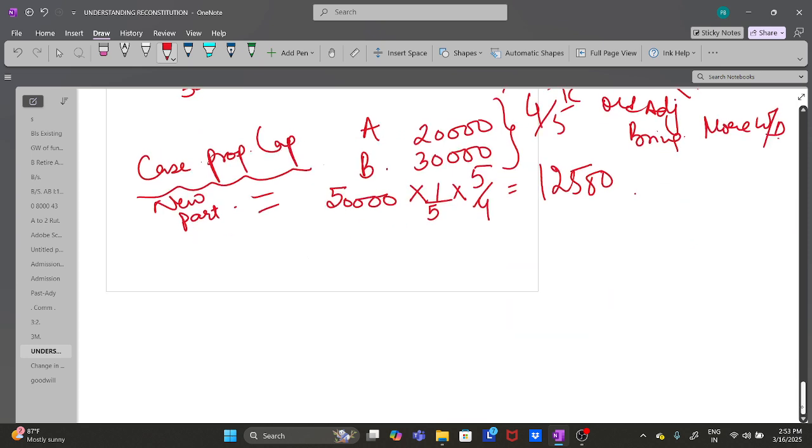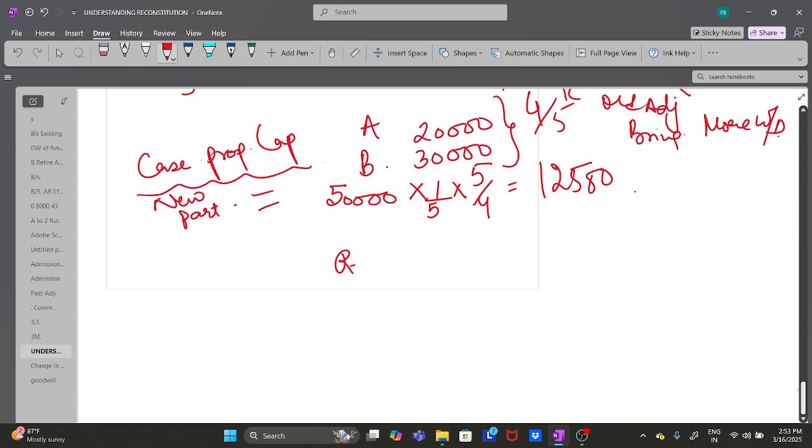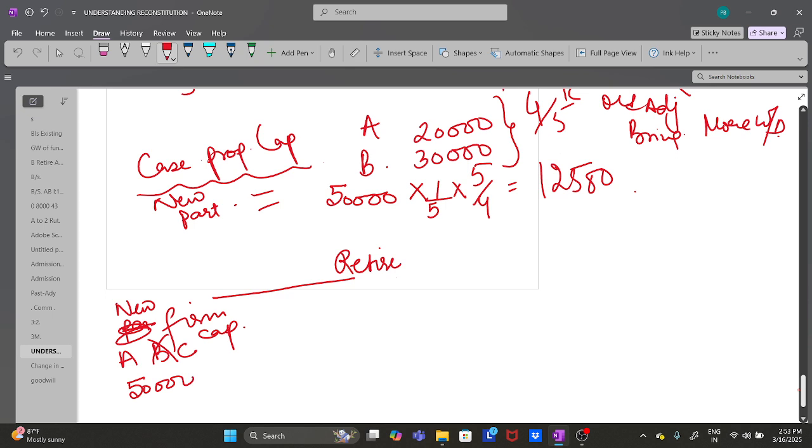In terms of retirement, when we do retirement of a partner, there can be cases where the new firm's capital is given. A, B, C were there, B retires, new capital of the firm is 50,000 and the new ratio is 3:2.